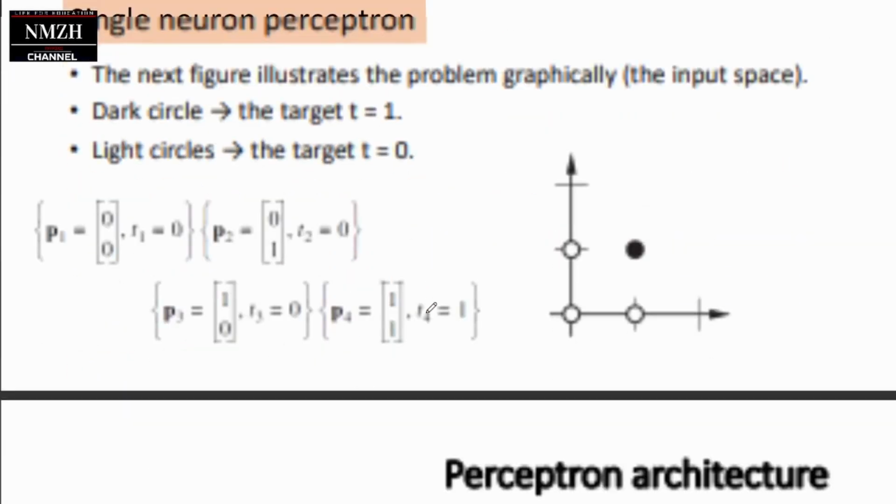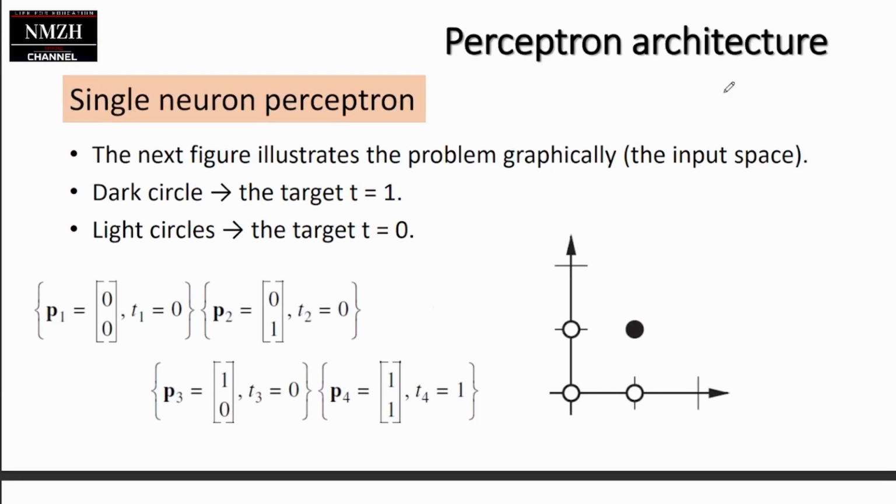Okay, so in this idea, basically we portray them as a dark circle for the target number 1. So because of 1 1, the others are 0 0 here, 0 1 here, 1 0 here, 1 1 here. So this is the only target for class number 1. Okay, t equals 1.